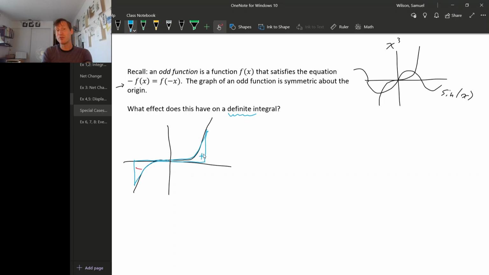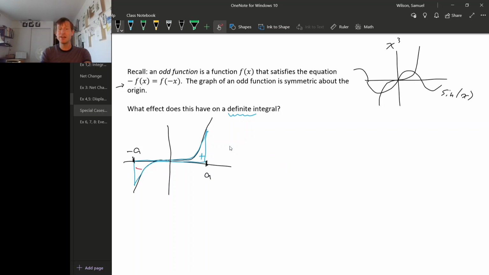If the one on the right were below the x-axis, then the one on the left would be above. So these two regions are the same size because of symmetry, but one of them is positive and one of them is negative. That means that if you add these two regions together as signed areas, they're going to cancel. Let's name these x values: call this one a and down here negative a.